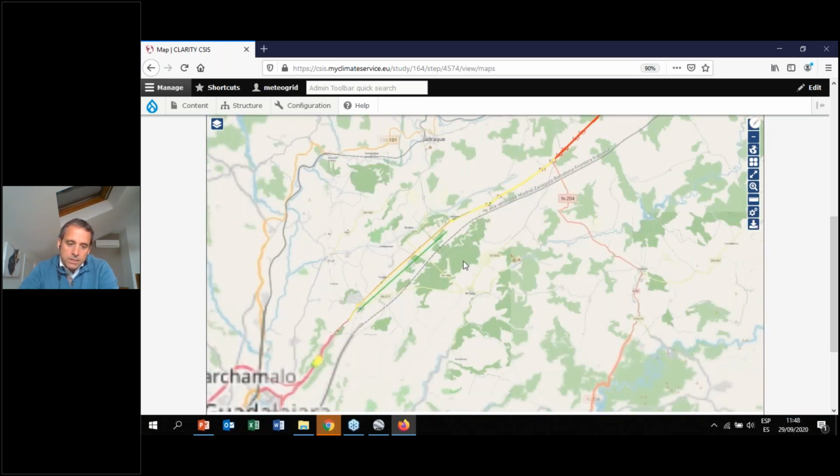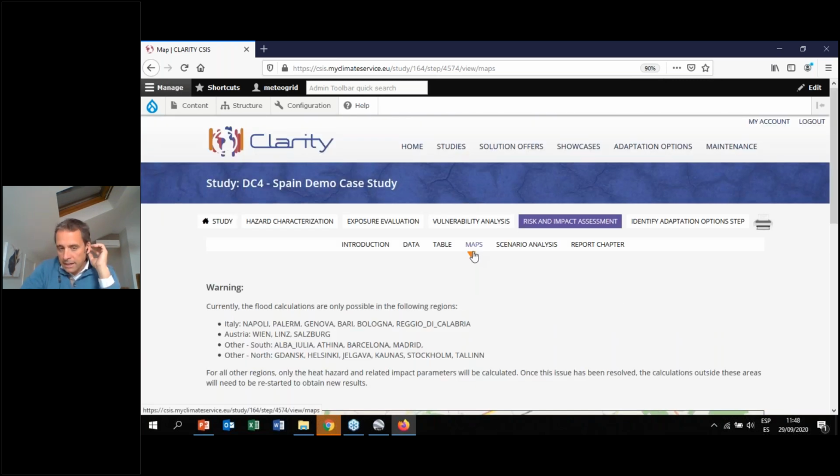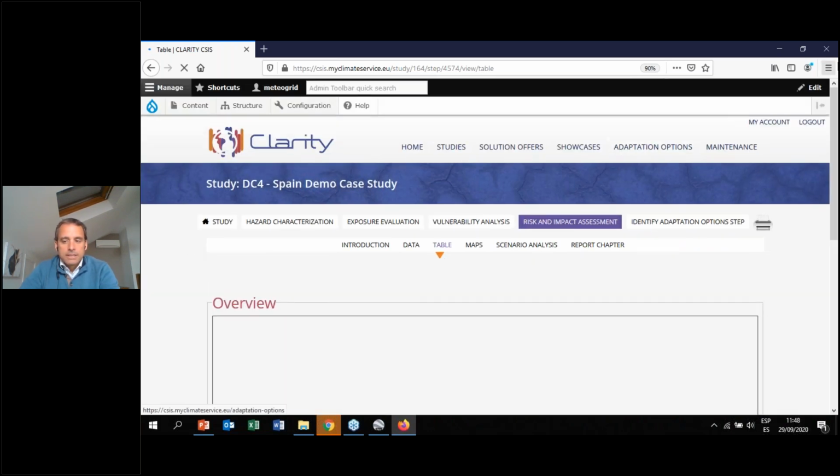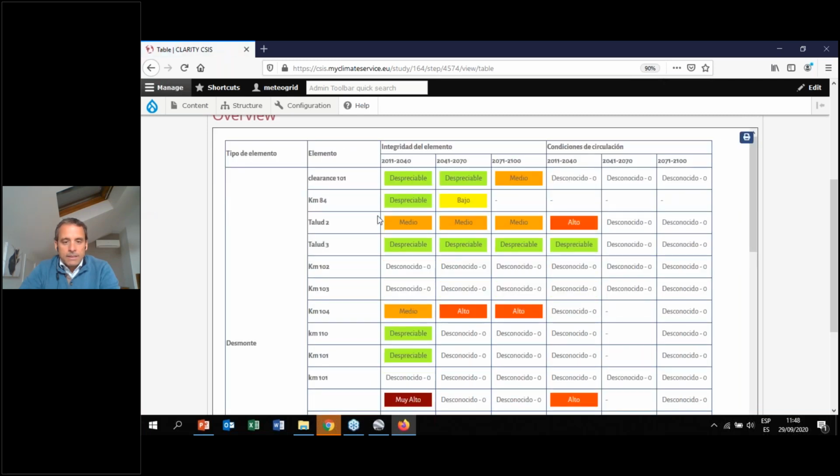So it makes a difference. You can make a vulnerability assessment in a map or in a table, as plotted here, for each point of the road.